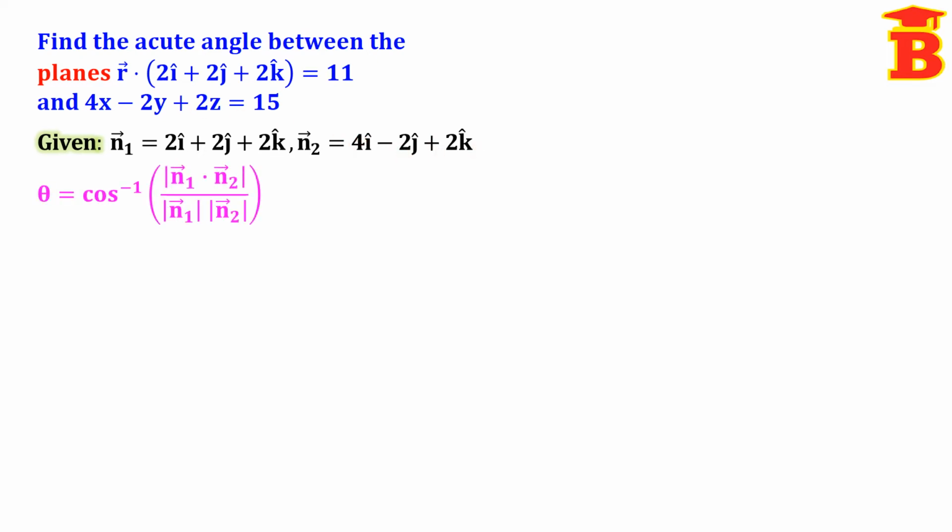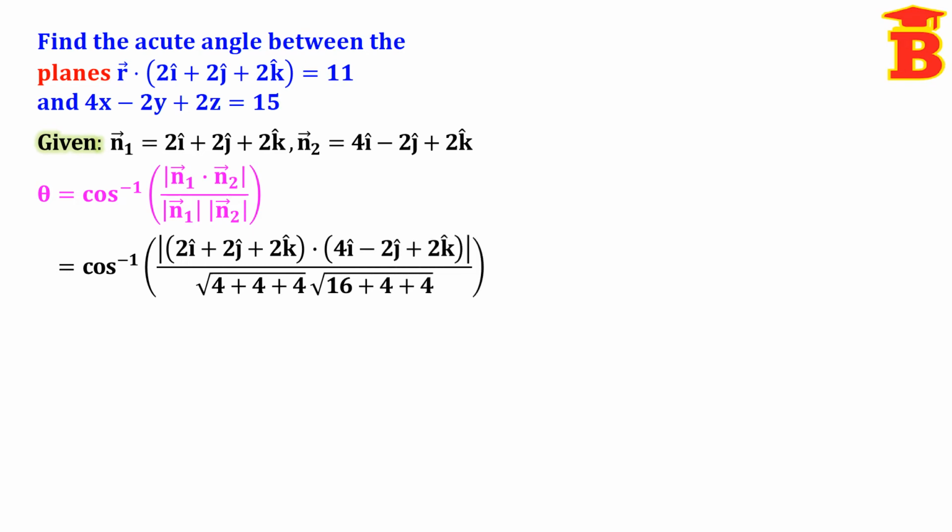So here the formula is theta equal to cos inverse of modulus n1 vector dot n2 vector divided by modulus n1 vector into modulus n2 vector. This is equal to cos inverse of modulus n1 vector dot n2 vector, divided by, we have to take the modulus.